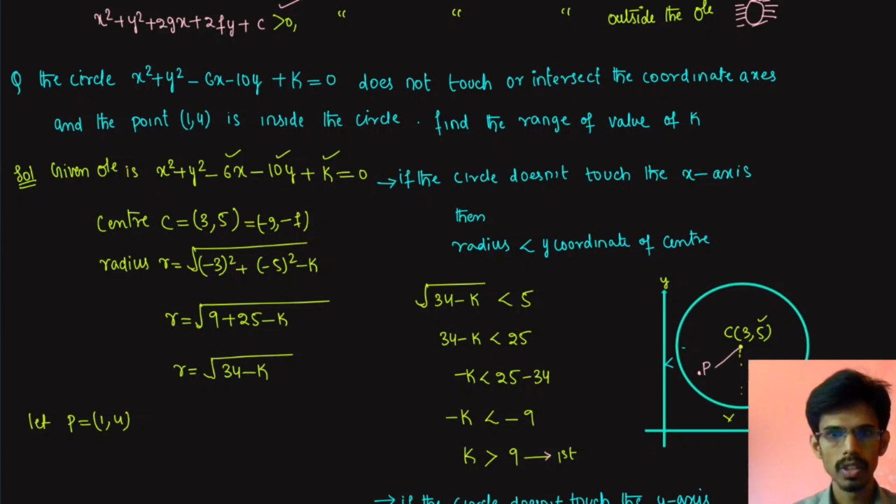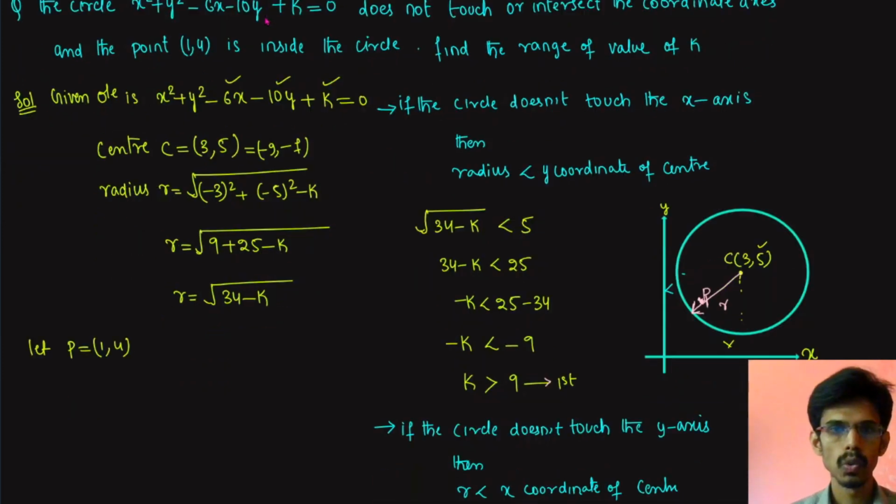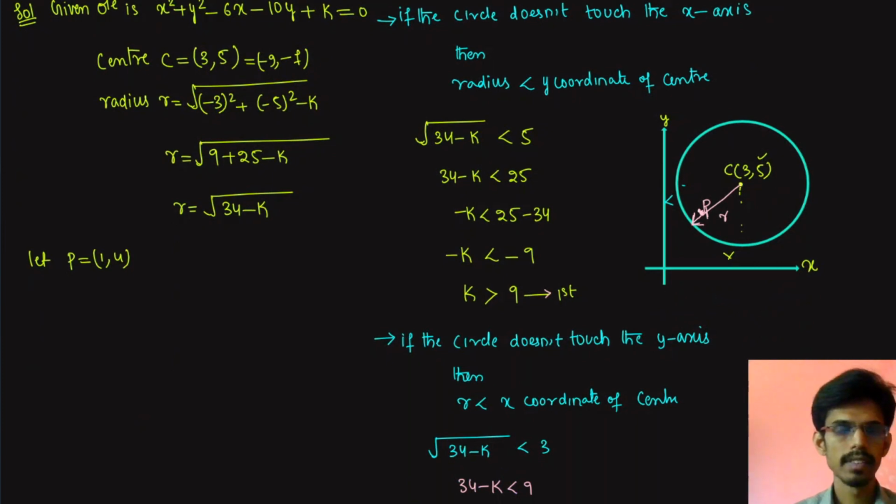Now look at this. The distance CP is less than r. Here r goes up to the periphery, but CP will be up to this point only. So as this point is inside the circle, the distance CP should be less than the radius r. Let us find the CP distance using the distance formula.